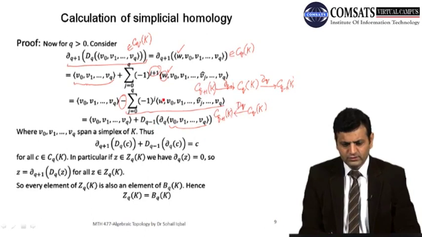If you just ignore this W from here and just delete it from this expression, then this expression is basically the boundary of v0 up to vq. But then we just add W on the right side, because we are operating dq minus 1 on this thing.